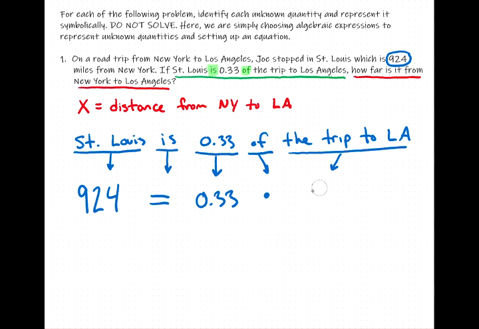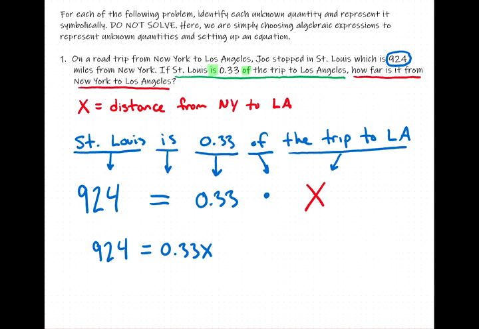Let me actually write it in red for now. So we see the trip to St. Louis, 924, is equals 0.33, well, that's the number, 0.33, of, multiplication, the trip to LA. That's our variable x. So in this case, our mathematical equation is 924 equals 0.33x.